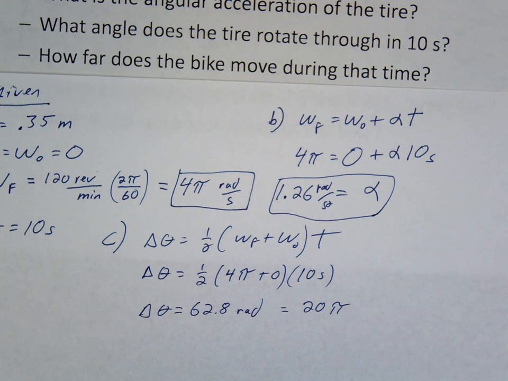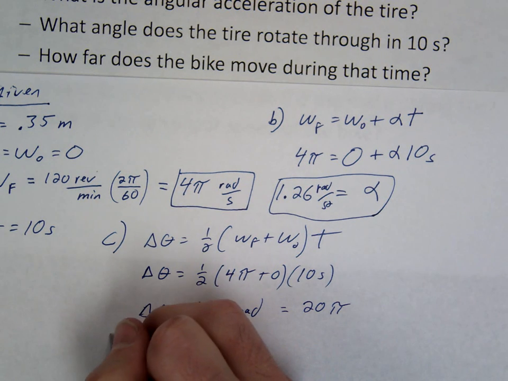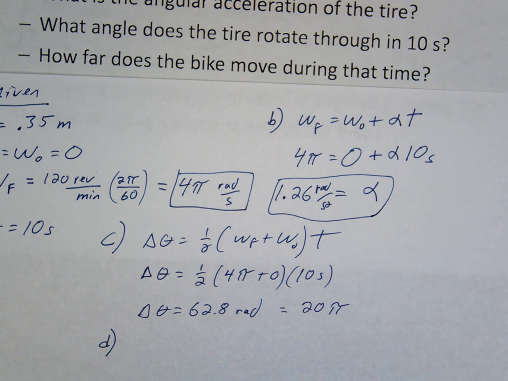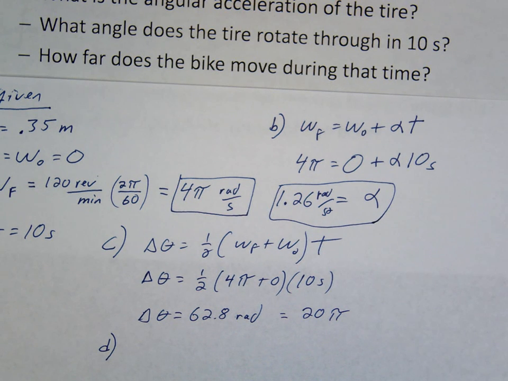How far does the bike move during this time? Okay, so what's the relationship between, we're looking for basically delta D or S. How do we find S if we know the angle?